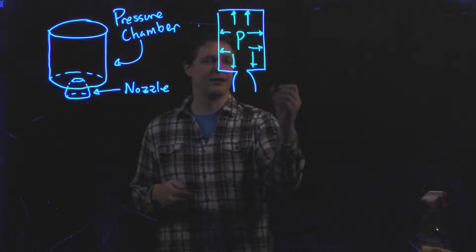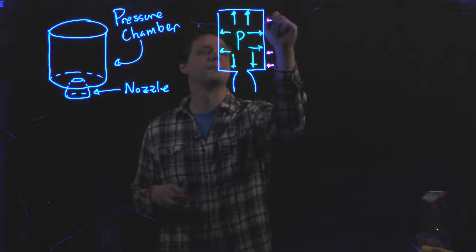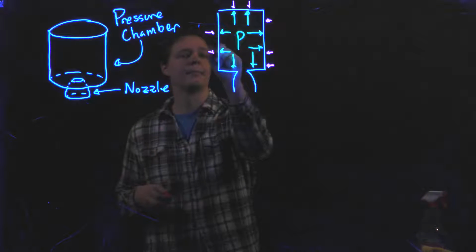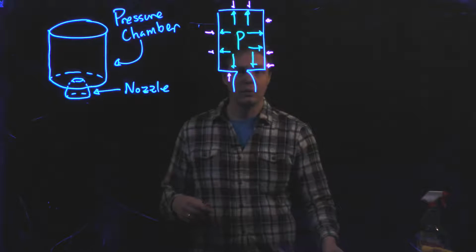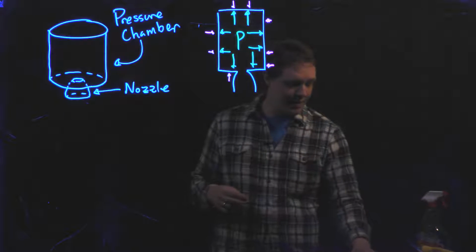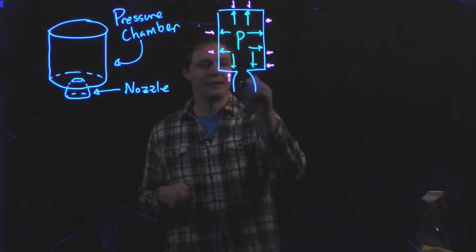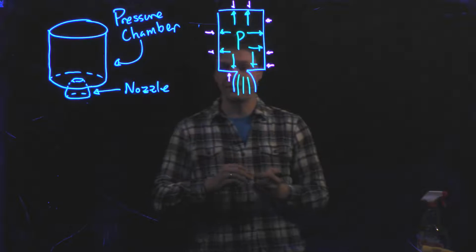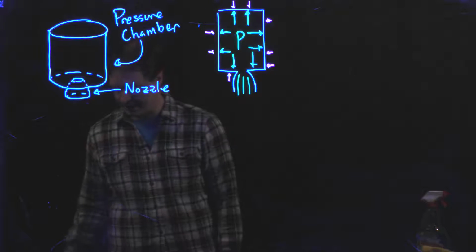And outside of the rocket, we have a much lower pressure. The nozzle works to convert this high pressure gas to a fast moving stream of gas as it leaves, hopefully at lower pressure equal to the atmospheric pressure on the outside.